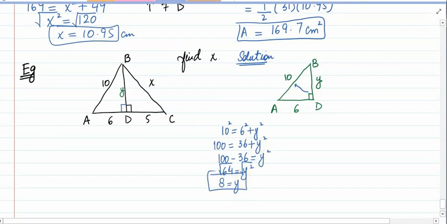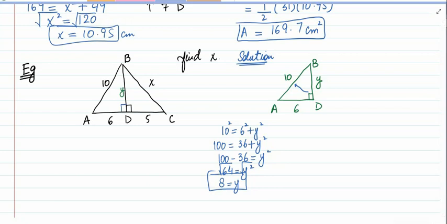Now if anyone has a question in your mind that why we are not taking plus minus 8, so keep in mind that we are dealing with lengths, right? These are the lengths of a triangle, and length can never be negative. Therefore, we are not taking the negative one. We are dealing with positive one only.